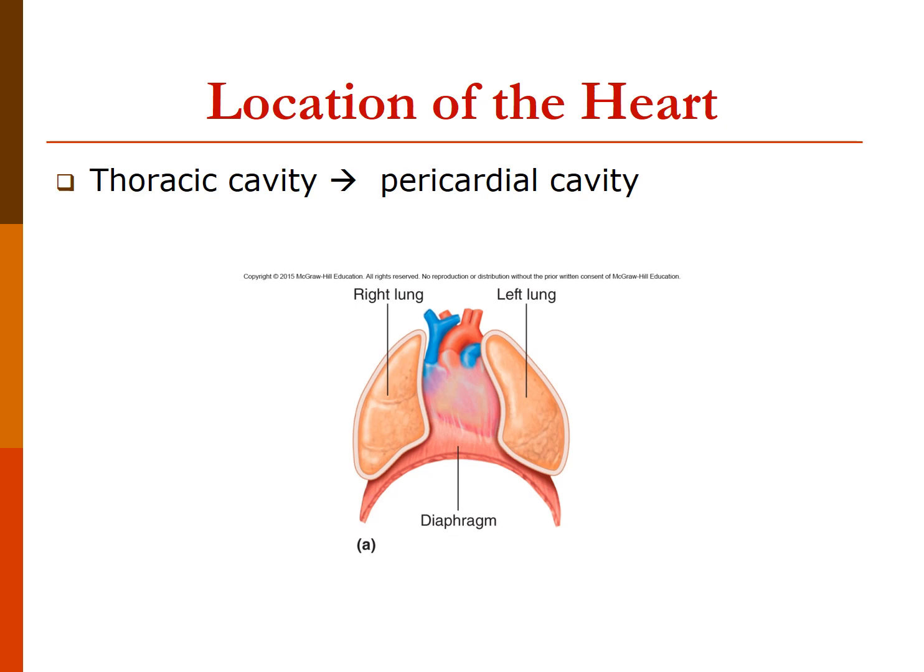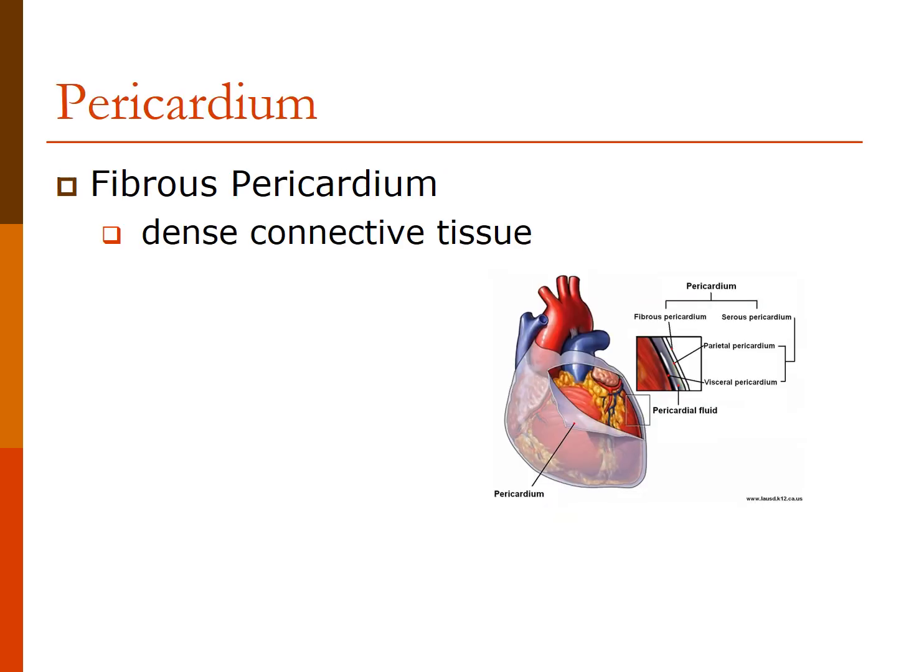Let's look at the location of the heart. The heart is found in the thoracic cavity within the pericardial cavity. The pericardium is the protective membrane surrounding the heart. There is an outermost layer known as the fibrous pericardium, which consists of dense connective tissue.